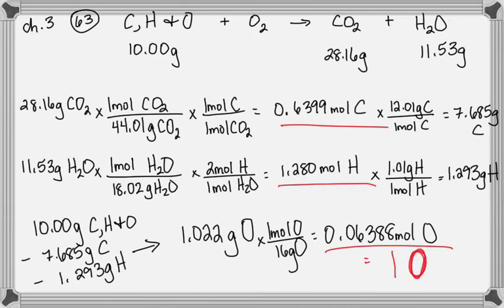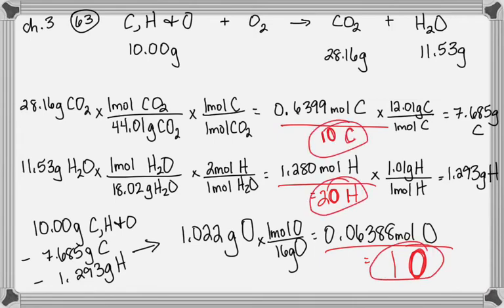And then 1.28 divided by 0.06388 gives me 20 hydrogens. 0.6399 divided by 0.06388 gives me 10 carbons, which is my formula, C10H20O.